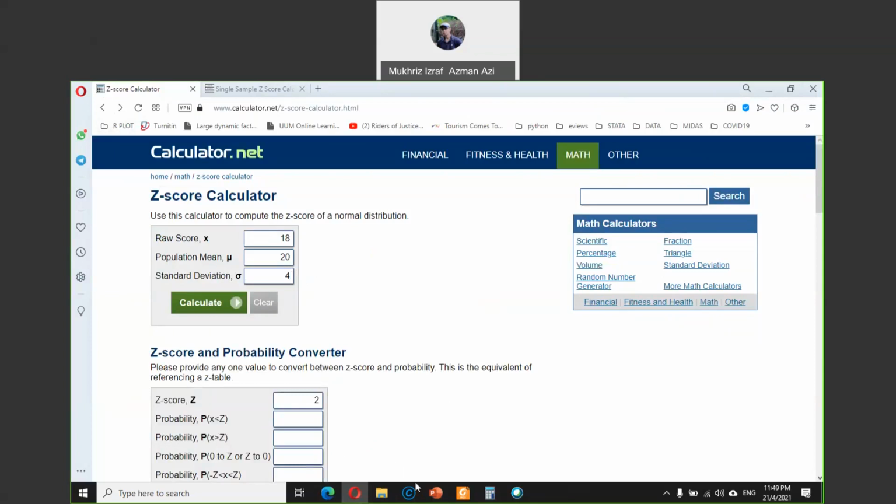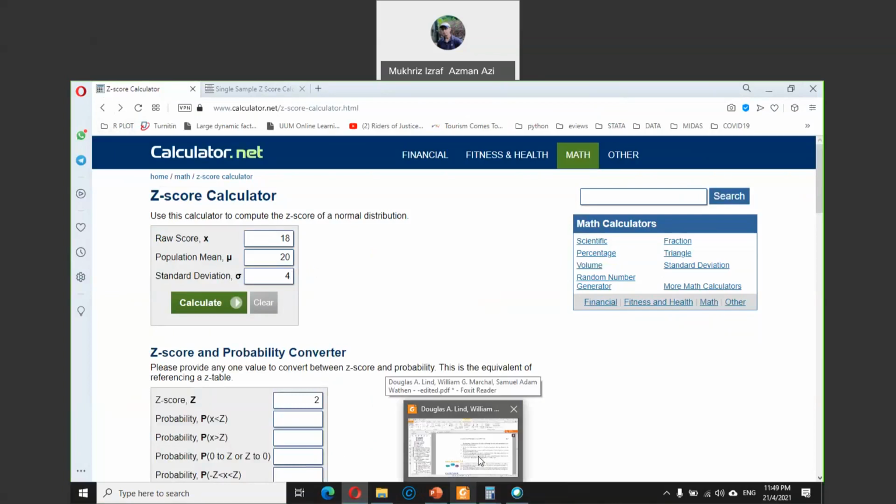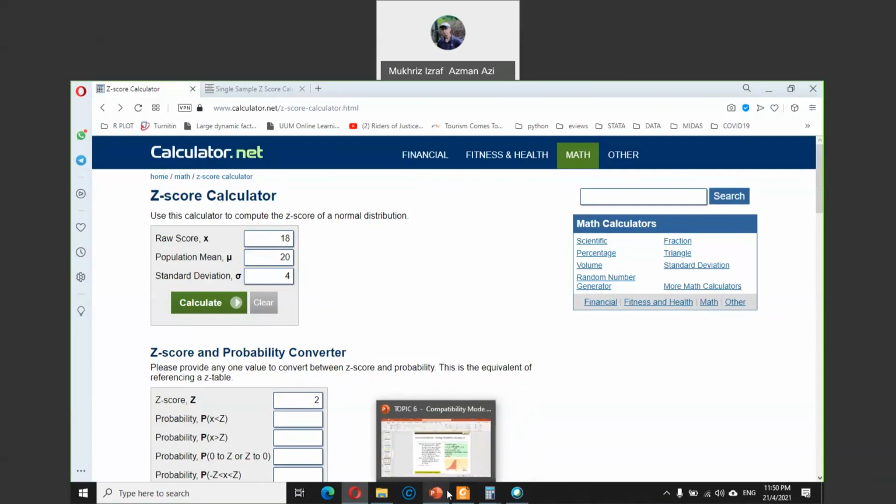Because the skill that you get when you learn to refer to the Z table and calculate manually will be very useful when you handle tougher questions in the future topics, topics 8, 9, and 10. So my advice, do it. You can check your solution using the calculator, but solve the problem manually.